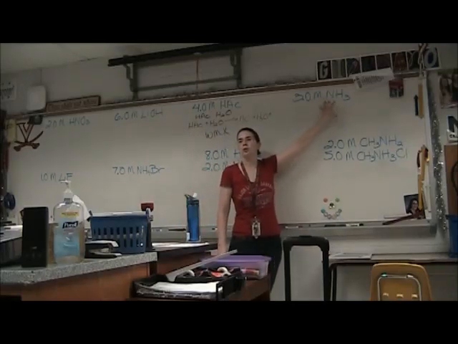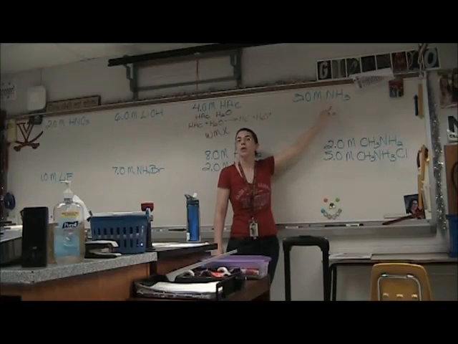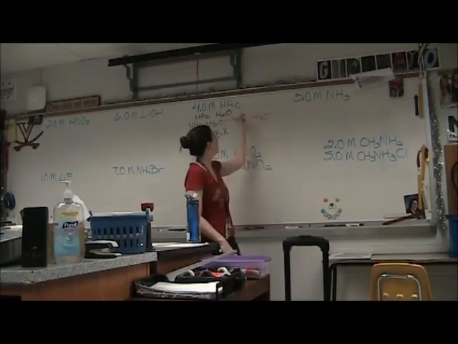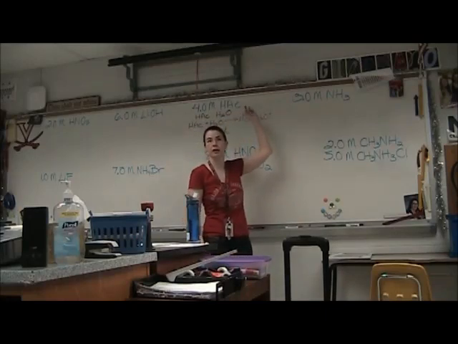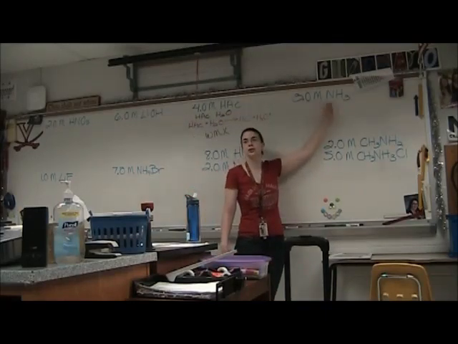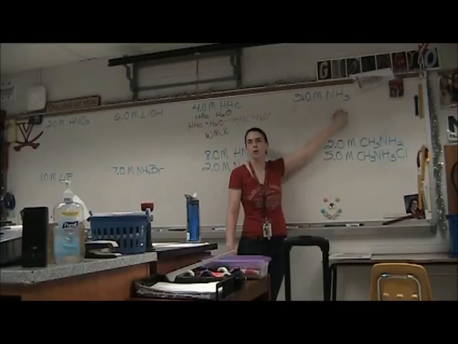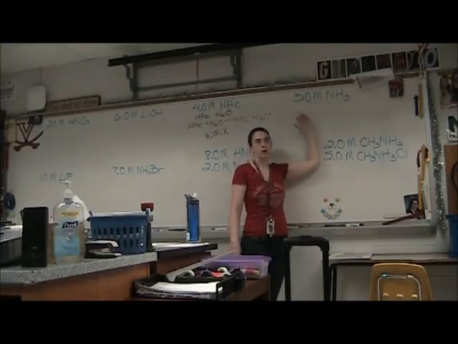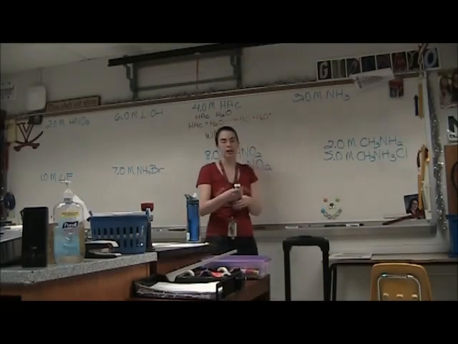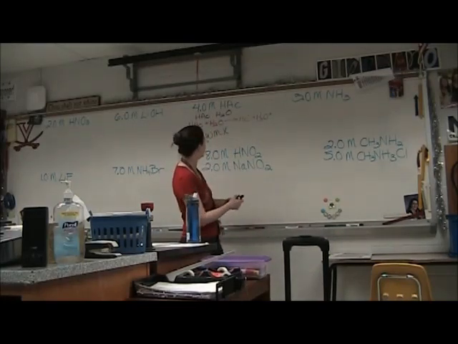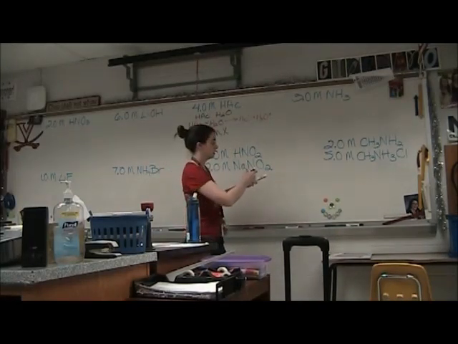3 molar ammonia, what is this? A weak base. It's a Womack's problem for the same reason as over here. The only 2 major species I have here are ammonia and water. Ammonia is the base, water is the only thing capable of acting as an acid.